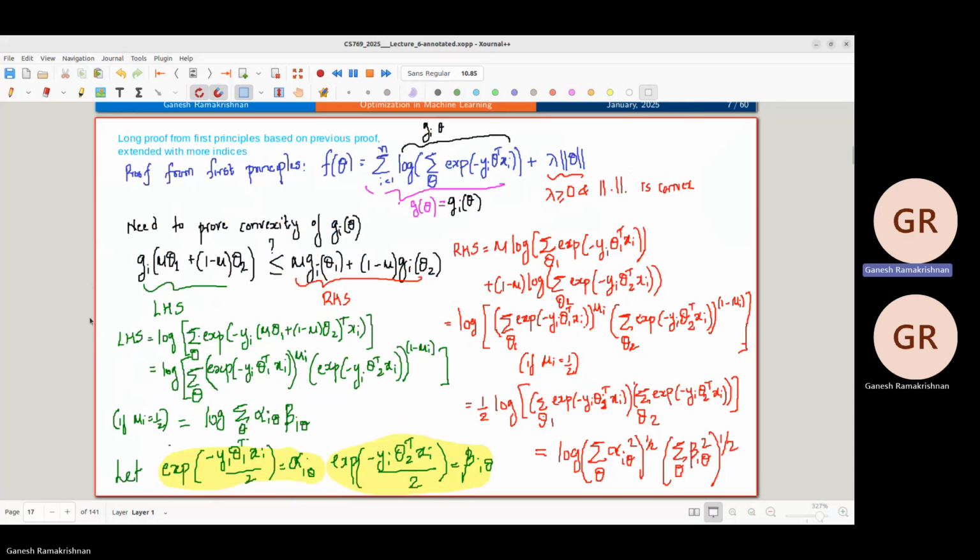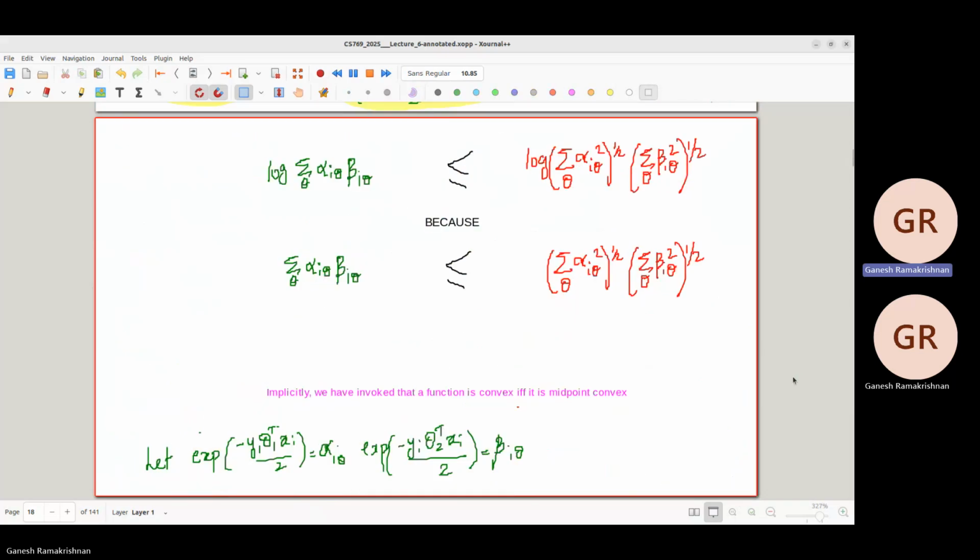What you have on the left hand side is the LHS, and the right hand side is the RHS. The RHS has a log of the product of the sum. On the left hand side is log of the sum of the product. Exactly like earlier. Basically we have used midpoint convexity, taking mu i to be half, and we have invoked that a function is convex if and only if it's midpoint convex.